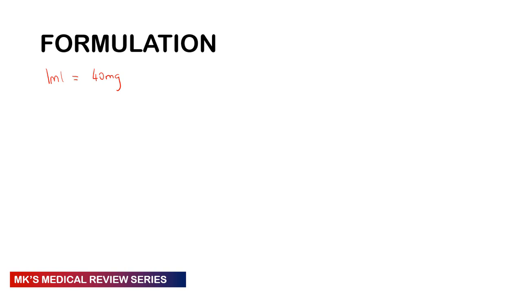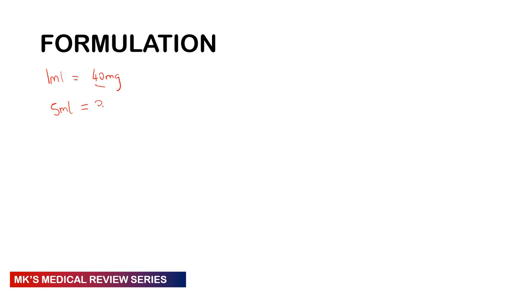Remember that those vials, especially in our settings, are 5 ml vials. You must check with your hospital to see what you are actually getting. But at the hospital where I'm currently practicing, we have 5 ml vials. So if 1 ml contains 40 milligrams of dopamine, how many milligrams are going to be present in 5 ml?